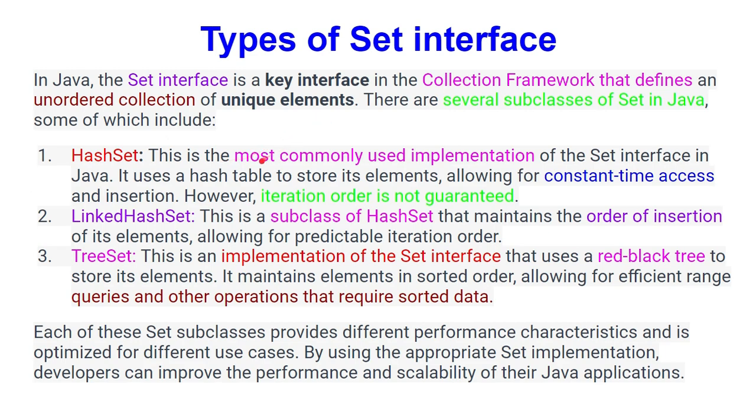Mostly we are using the Set interface with HashSet. In Java it is used as a hash table to store its elements, allowing constant time access and insertion. However, iteration order is not guaranteed. Iteration order not being guaranteed means whatever order you inserted the data in, maybe you can't fetch it in the same order. So this is the thing we have to remember.